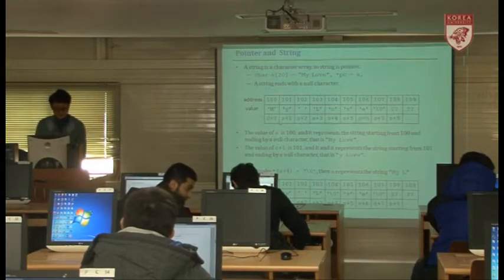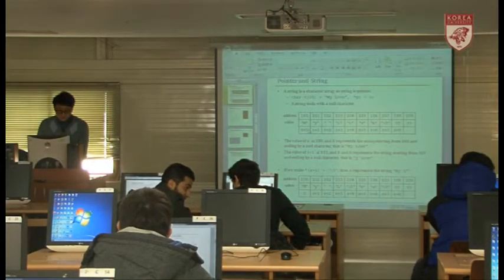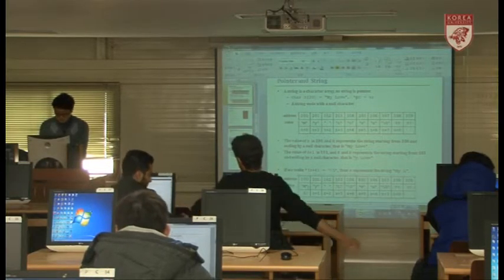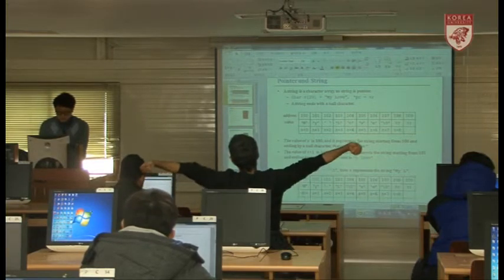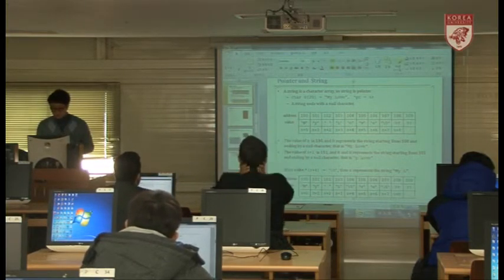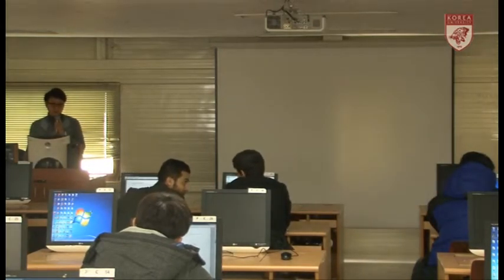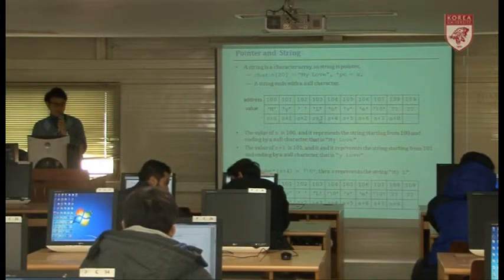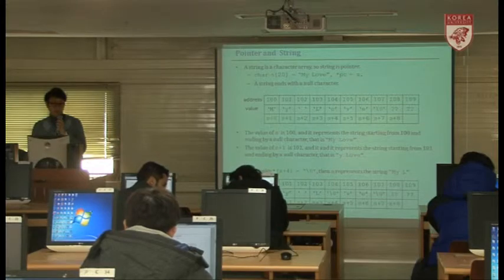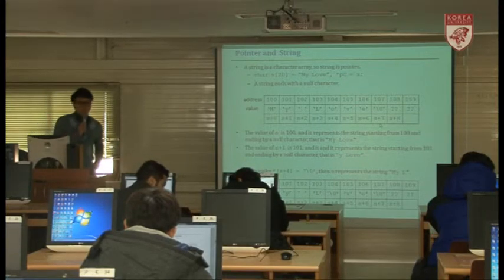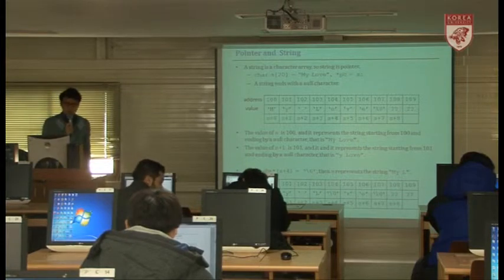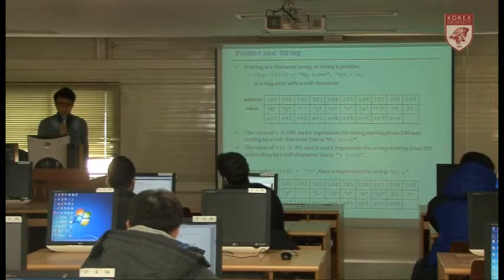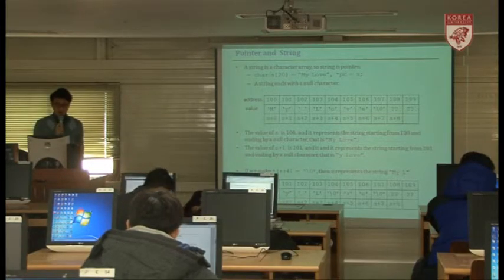So the first one can be accessed by s plus 0, and s plus 1, and s plus 2, s plus 3, s plus 4, and so on, until s plus 7. Okay? You got it? Alright. Here, the value of s is 100, right?